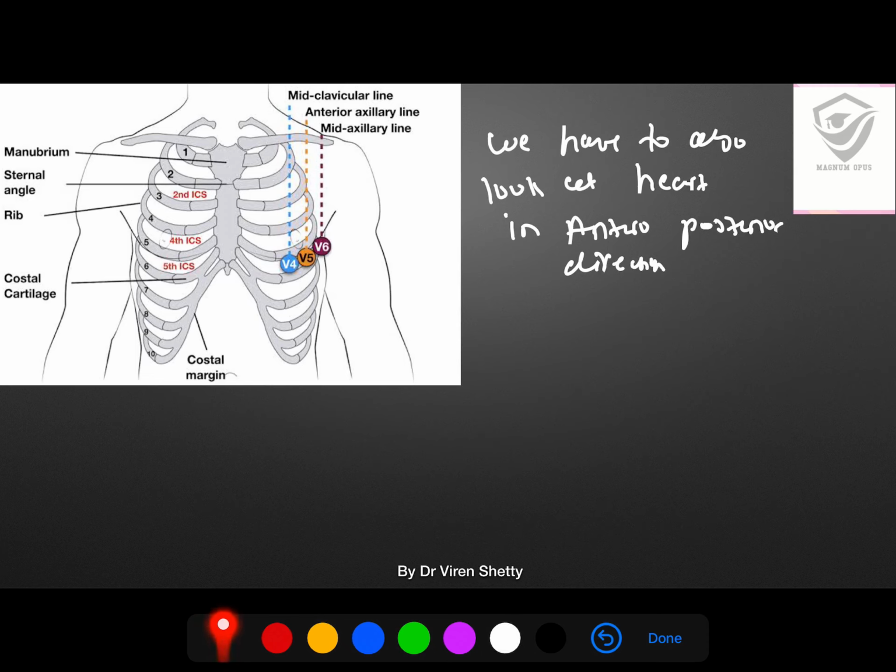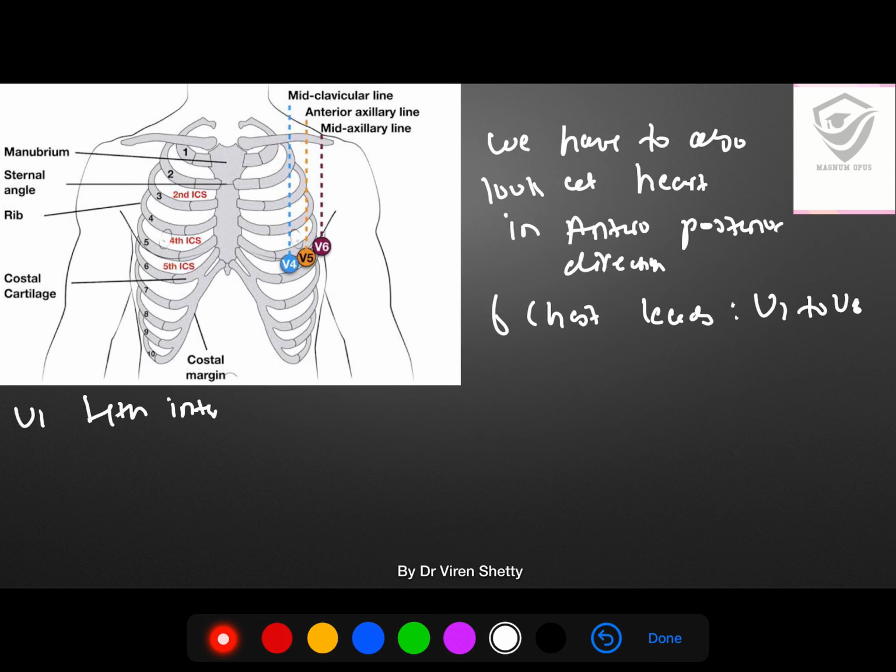That is why we came with 6 chest leads that are going to give you an anterior-posterior view, and the 6 chest leads, they are from V1 to V6. So V1, it is present at the 4th intercostal space at the right sternal border.